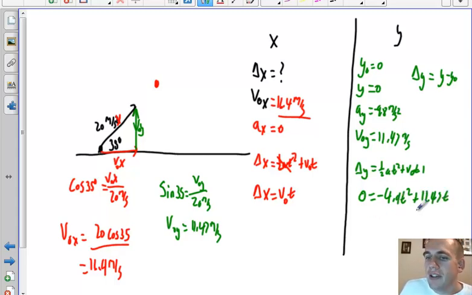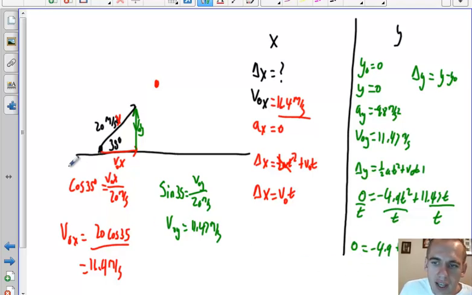Now, here's where we have to be careful. There is a t in both of these terms because it started and ended at the same point. So I can divide a t out of every term. I can divide by t here, I can divide by t here, and I can divide by t here. 0 divided by anything is still 0, equals negative 4.9 t plus 11.47.